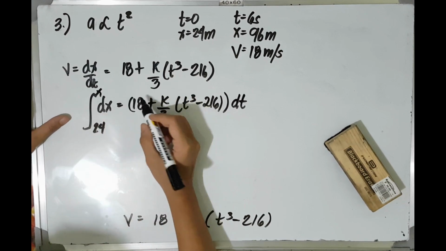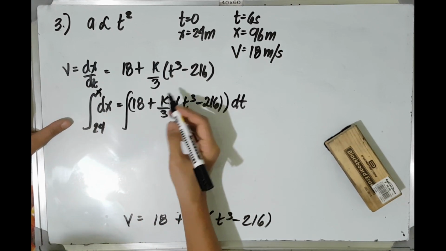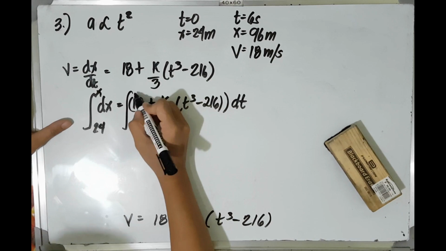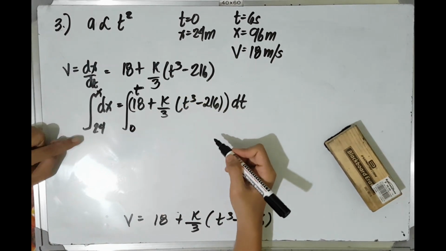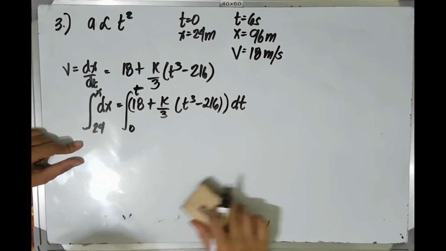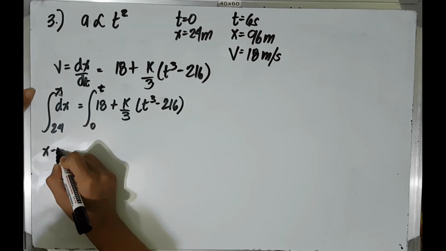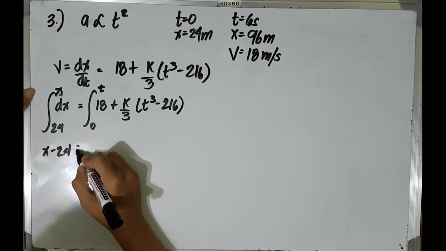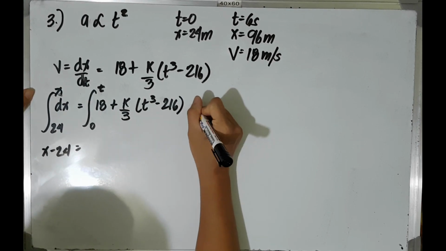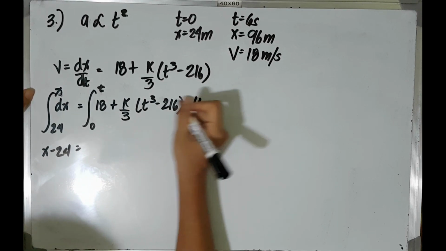So we will integrate x from the lower limit 24 to the upper limit x, and on the other side the lower limit 0 and the upper limit would be t. So x minus 24 is equal to the integral of 18 dt.